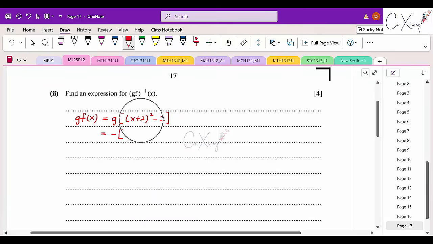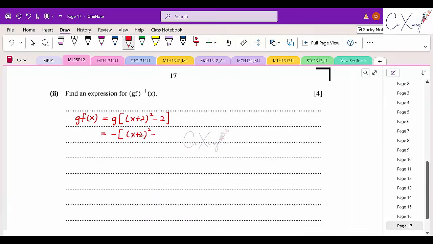My x now is this whole thing, right? So you put in the x plus 2 square minus 2. So this is negative x, then negative 4. Okay, so try to have a look for this one. By right, you should be getting negative x plus 2 square, then minus 4. So this is my composite function GF.